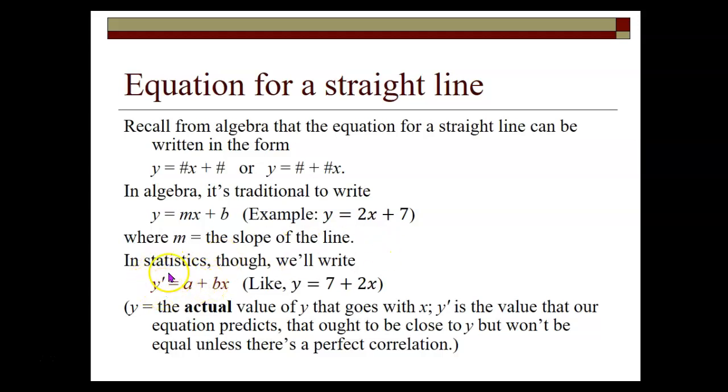And we're using y prime, a y with this little mark by it, instead of just y, because y by itself stands for the actual y value of one of your data points. And y prime in our equation represents the value that the equation predicts. So unless your points line up perfectly, y prime isn't going to be exactly the same as y, but it ought to be pretty close.